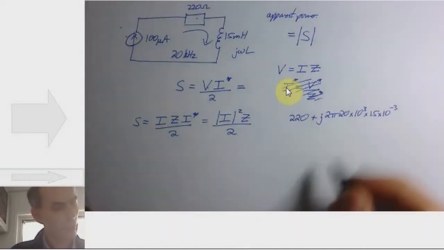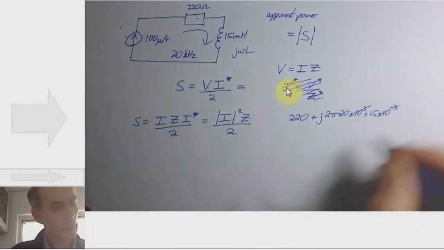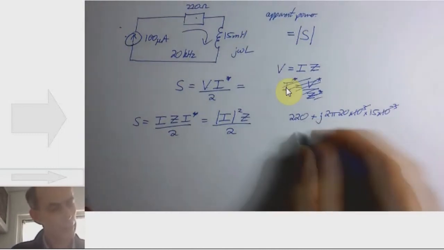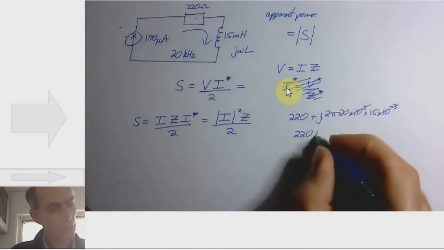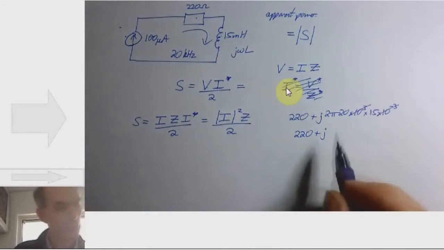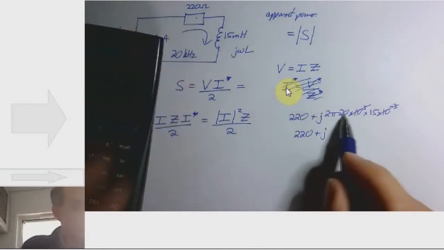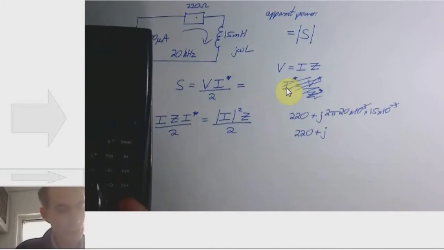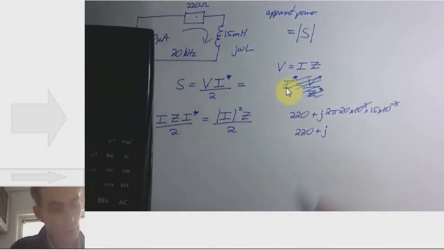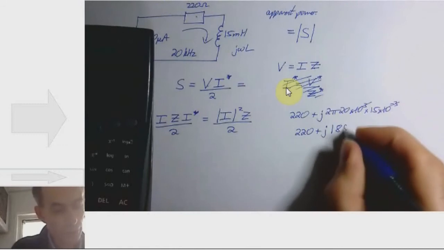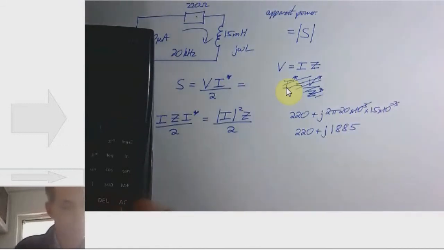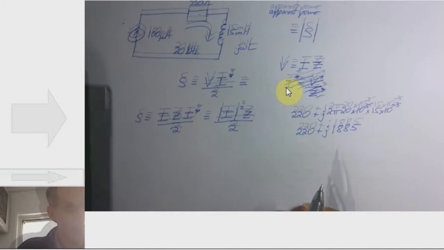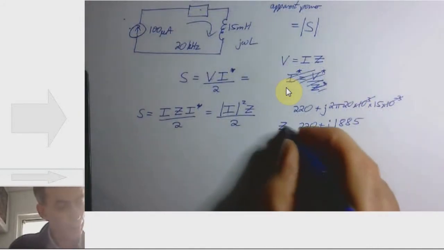So quite conveniently, that kilo and that milli cancel out. That would give me here 220 plus j times 2 times pi times 20 times 15, which is 1885 approximately. Right, that's Z.